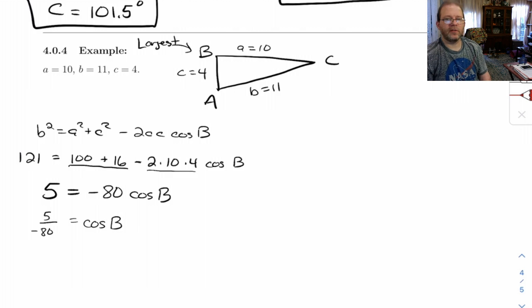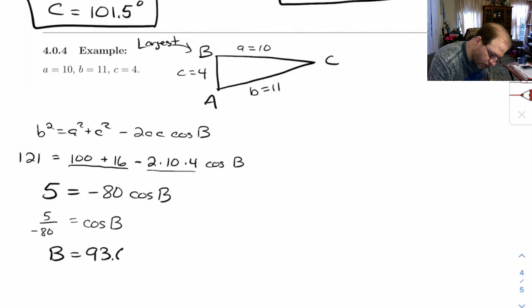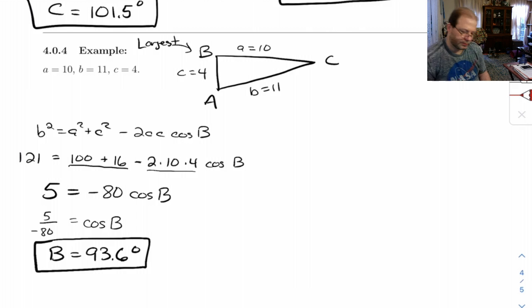I could reduce that fraction to 1 over 16, but it doesn't matter. So let's see. I'm going to take the inverse cosine of negative 5 over 80. And that gives me 93 degrees, or rather 93.6. All right.